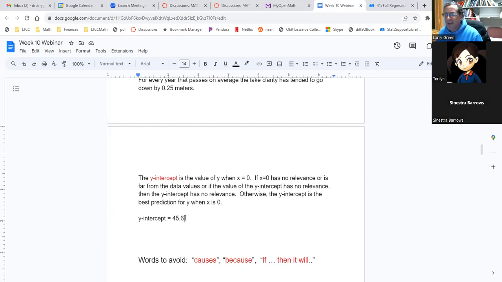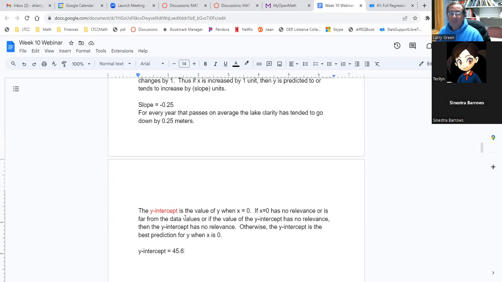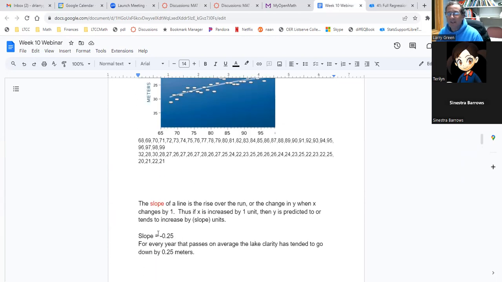The year 1900, does that have meaning? Was there a year 1900? Yes, there was. But there's not just no data for it, there's no data anywhere near.